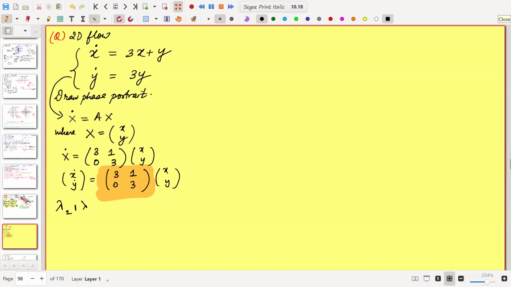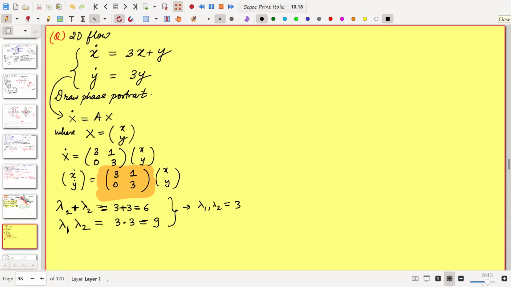Because lambda 1 plus lambda 2 is 3 plus 3, that is 6, and lambda 1 times lambda 2 is 3 times 3 minus 1 times 0, that is 9. So both lambda 1 and lambda 2 are 3. That means it's a repeating eigenvalue. Eigenvalue multiplicity is 2. The same eigenvalue is repeating 2 times.